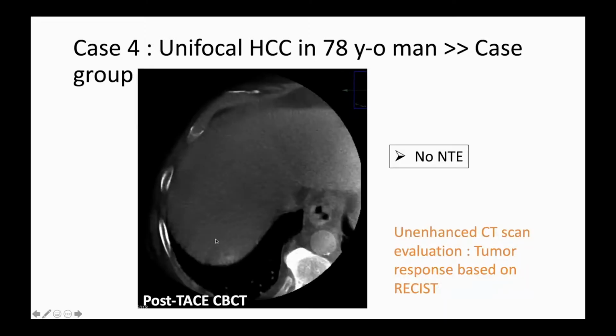We delivered all these beads here, and we didn't notice any non-target embolization. And on the CT scan evaluation, the tumor size was reduced, and we couldn't inject this patient because of renal failure.